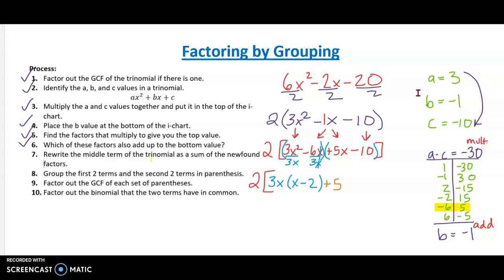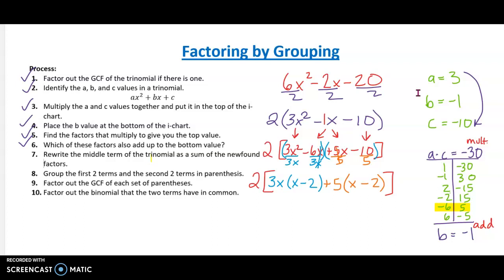And they don't both have x's, so x is not part of our GCF, just 5. So now let's divide them both by 5. 5x divided by 5 is 1x. Negative 10 divided by 5 is negative 2. Now we know we're doing this correctly because the two parentheses are the same. That is very important to note, okay?